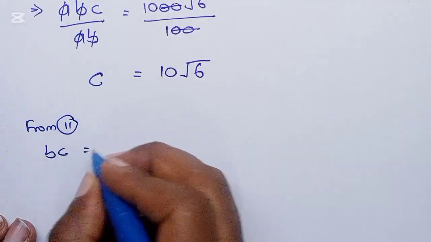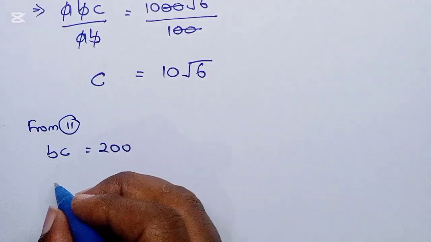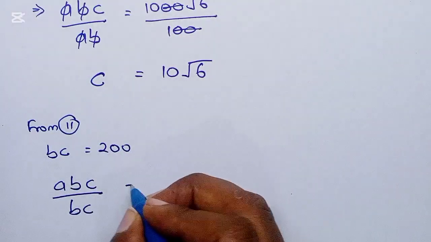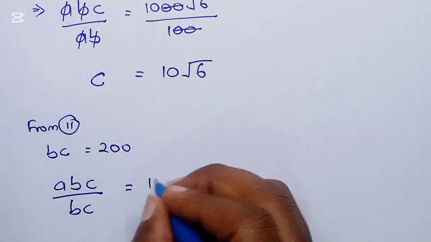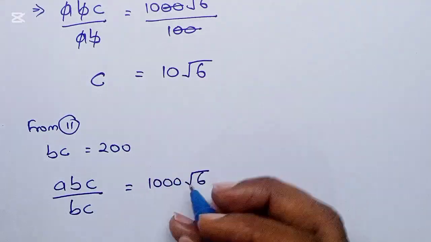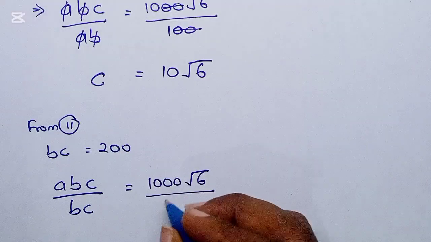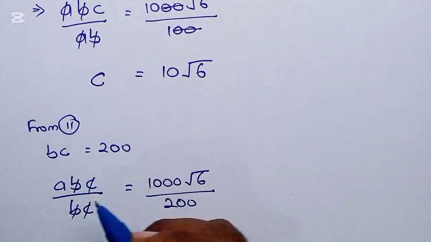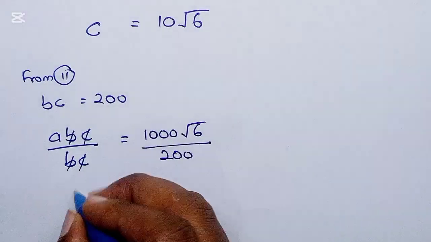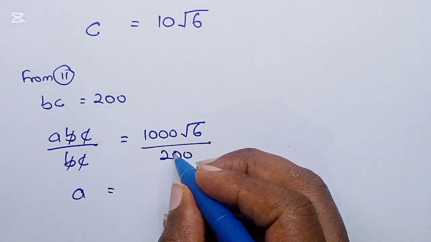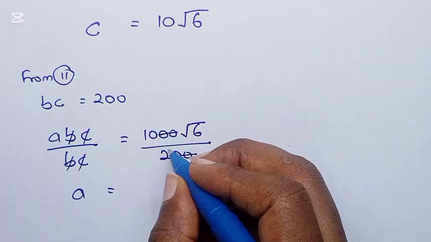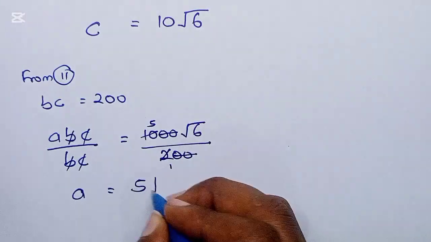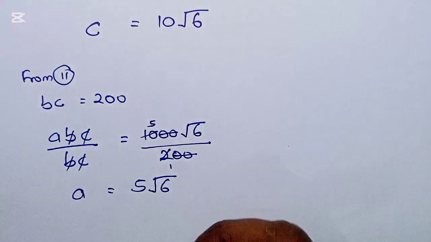Then from equation 2, our BC is 200. Now if we are to say ABC over BC, this will be equals to our ABC, 1000 root 6, over BC which is 200. So this B cancels with this B, this C cancels with this C. So we are left with A. So A would be equals to, this goes with these two zeros, 2 goes into 10 5 times. So A will be equals to 5 root 6.